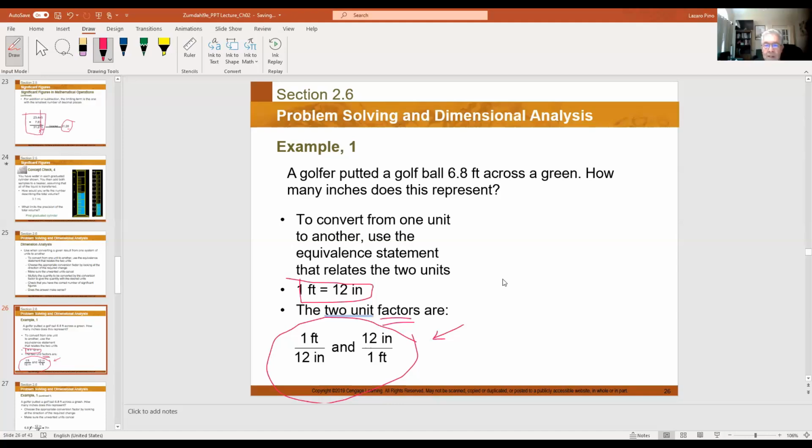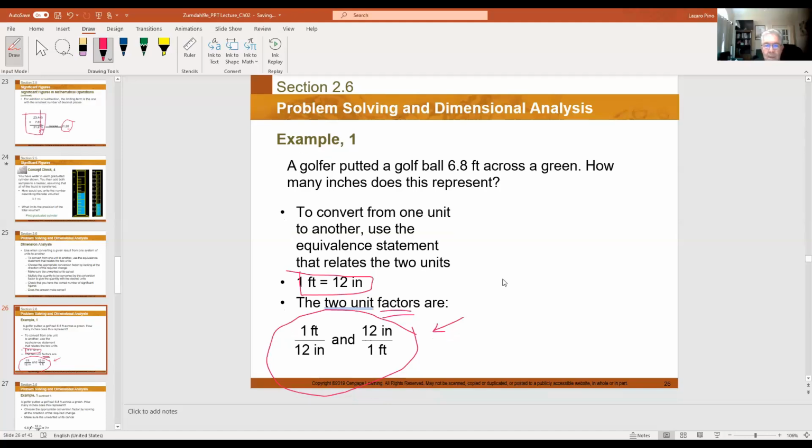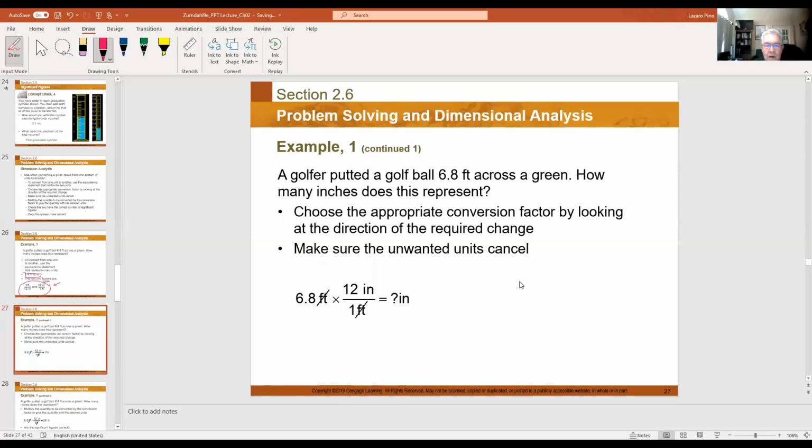Okay, I will tell you right now. For example, if the given number is 6.8 feet and you need the answer in inches, then you need to use a conversion factor where you can cancel feet with feet, and you get inches.